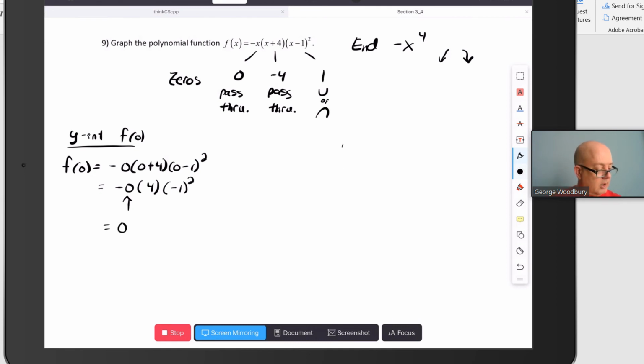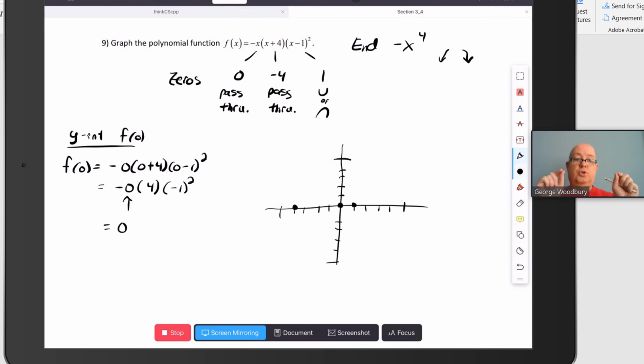So let's put the points on the graph that we know about. We've got a 0 at 0, another one at 1, and another one at -4. We know for the two roots that are furthest out, the one furthest to the left, the one furthest to the right, the end behavior tells us that it's going down from there.